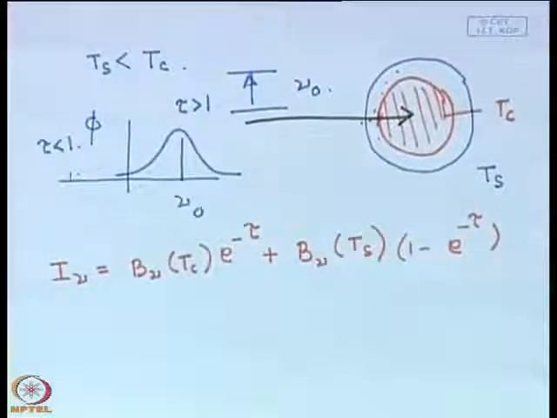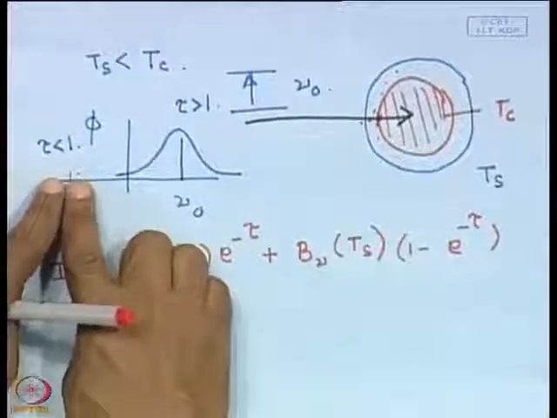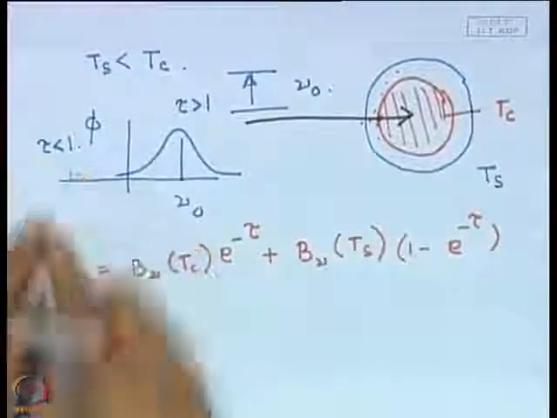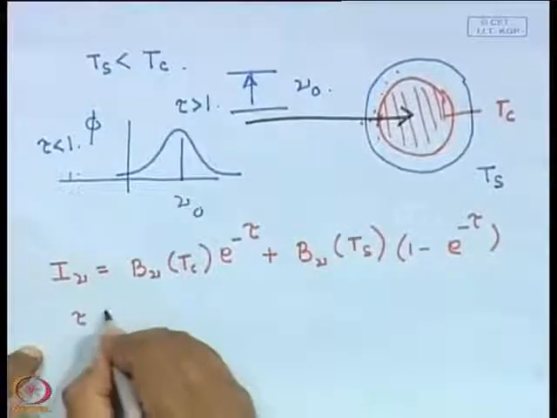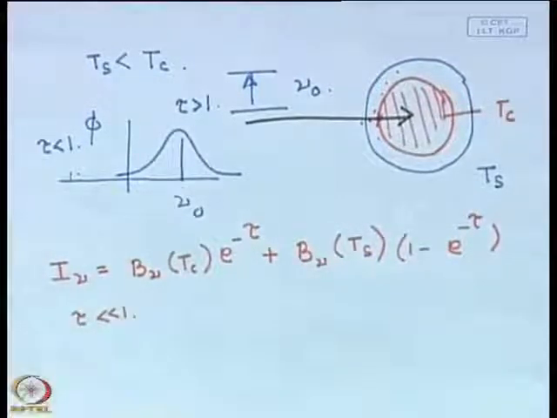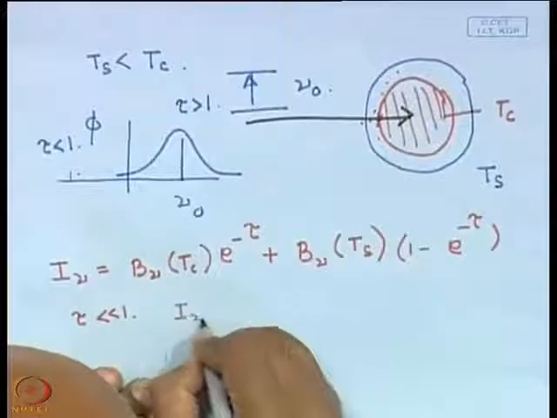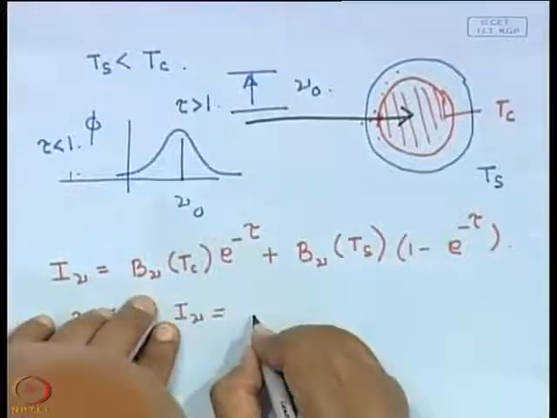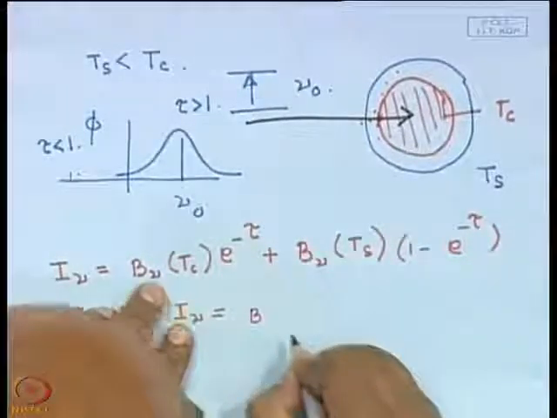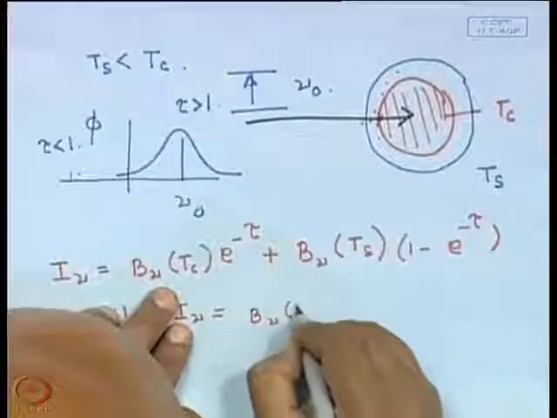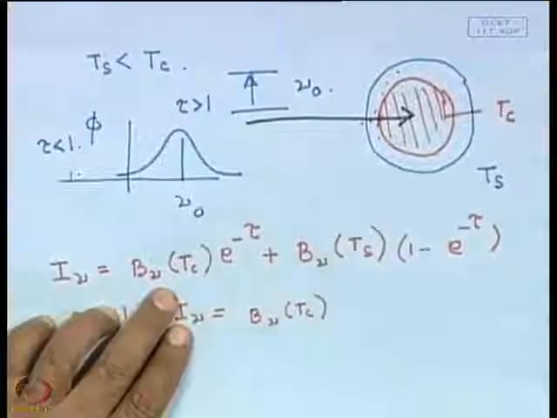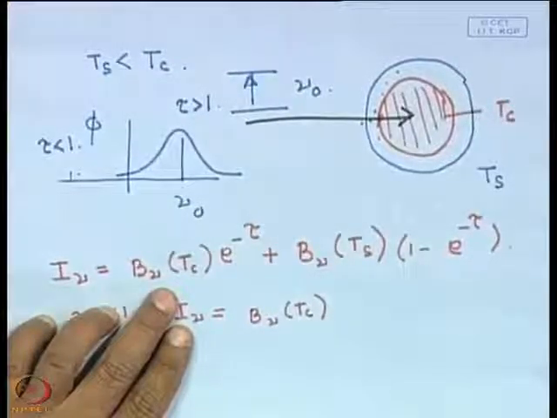Okay, so what happens when you are looking far away over here? When you are looking in the region where the optical depth is much less than 1, in that region I nu, the specific intensity, is essentially B nu of T_c.